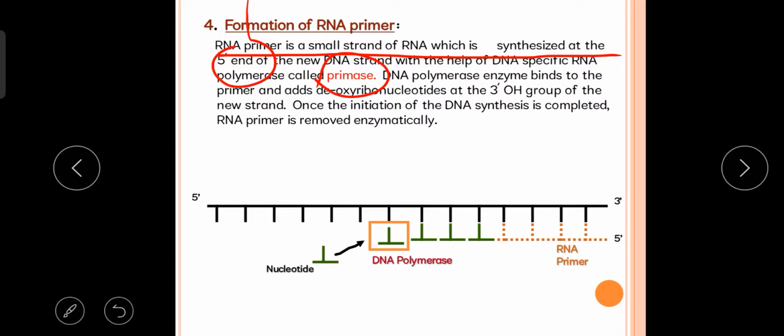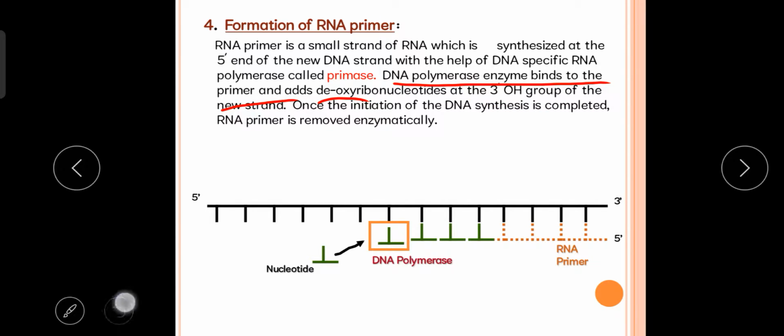Okay, so next, the DNA polymerase enzyme binds to the primer. Remember, before production of the new DNA strand, first the DNA polymerase III binds to this RNA primer and continuously adds deoxyribonucleotides, that means ATP, GTP, CTP, TTP, at the 3' hydroxyl group of the new strand.